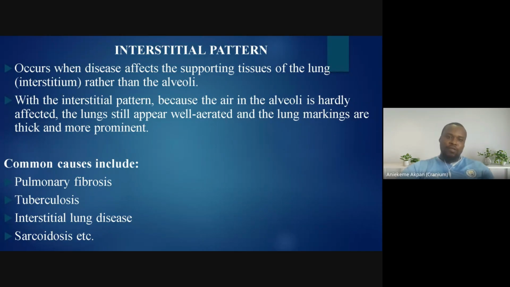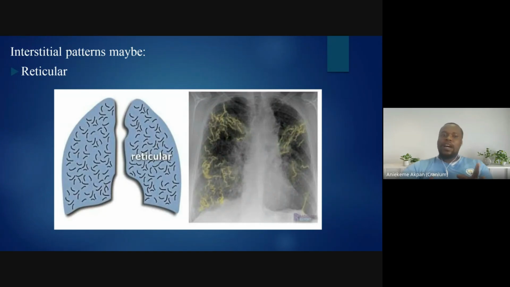You can even see both of them on one chest X-ray. And this will tell you that, oh, this is an interstitial pattern, or this is an interstitial disease. And because, remember, the interstitium is not part of gaseous exchange, it is not going to show the air bronchogram, meaning that the lungs are going to be fully aerated.